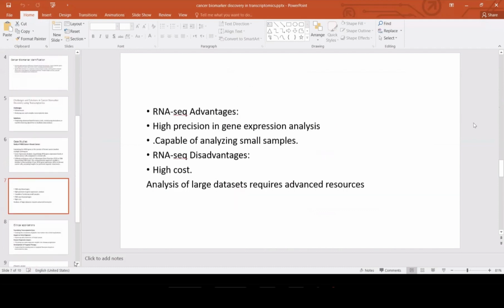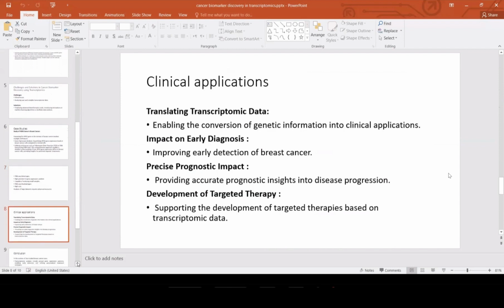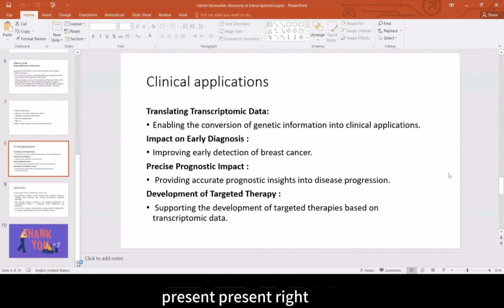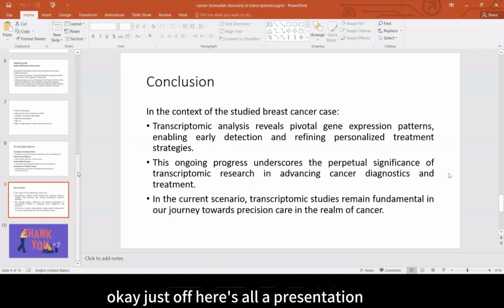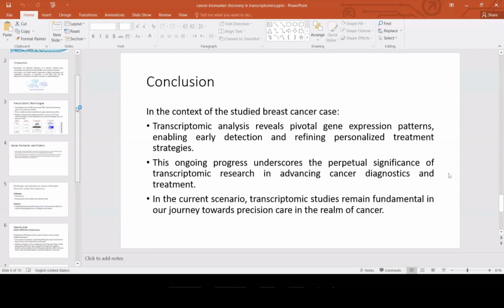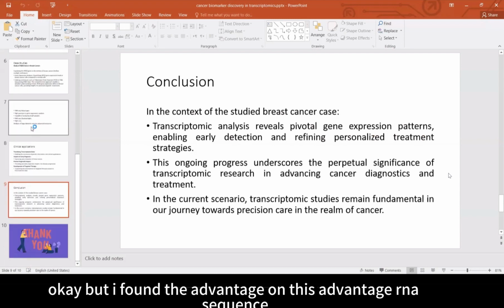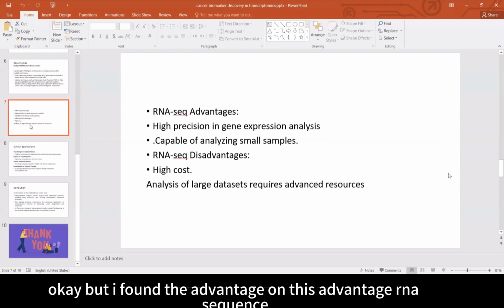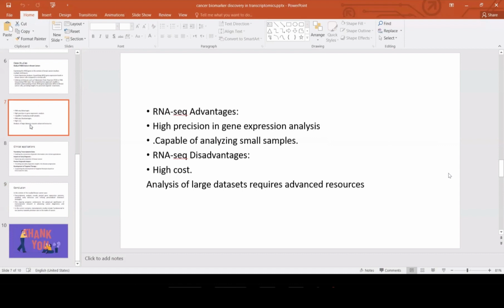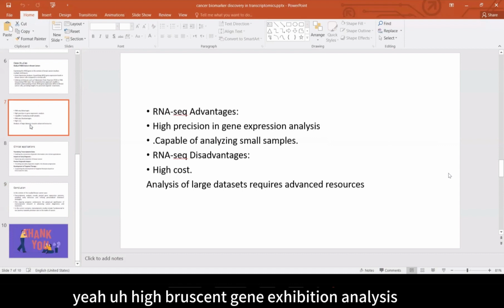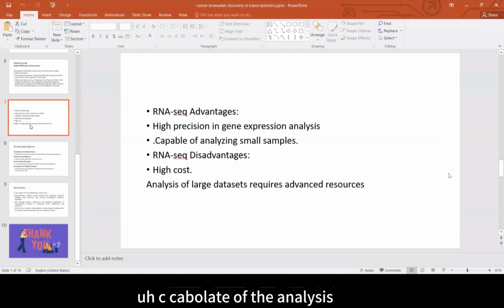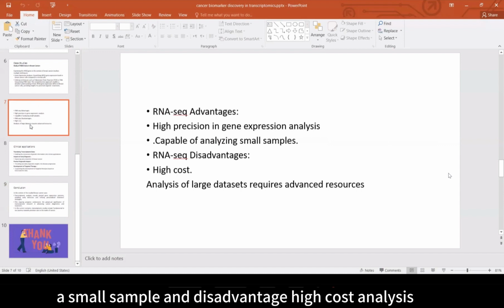That's all. Okay, doctor, this is all of the presentation. Have you finished presenting? Okay, but what are the advantages and disadvantages of RNA sequencing? Advantage: high-precision gene expression analysis, capability of analyzing a small sample.